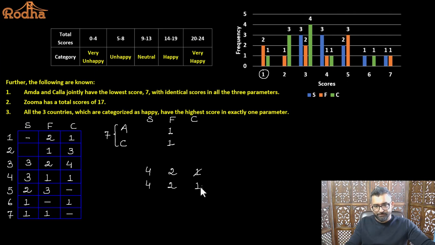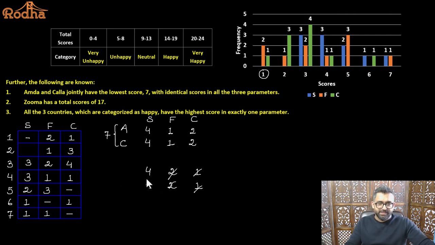This is done. 2 I have 2 times. Where do we have 2 times? C. So I can write 2 times here. Perfect. This is done. And 4, if I want to write 4 2 times, I have 4 2 times. Yes, I can write 4 2 times. Okay, so that is the frequency and score assignment we have to do. This case is feasible. That is not a problem.